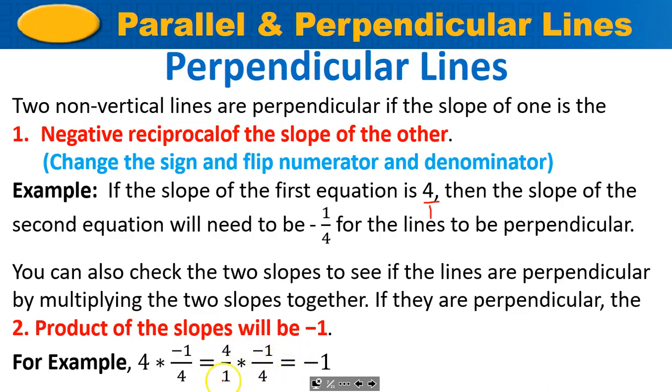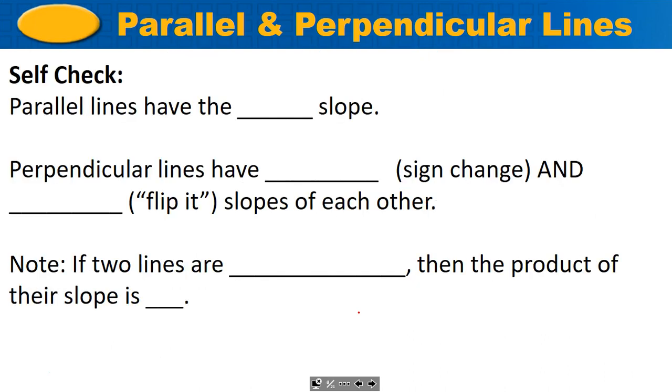That's -4 on top and +4 on the bottom. Well, -4 over 4 is -1. So that's a quick, easy way to determine whether the slopes are perpendicular. Multiply them by each other, and if you get -1 when you do that, then the slopes are perpendicular. So here's your self-check. Go ahead and fill this out, and then come back to me when you're done.